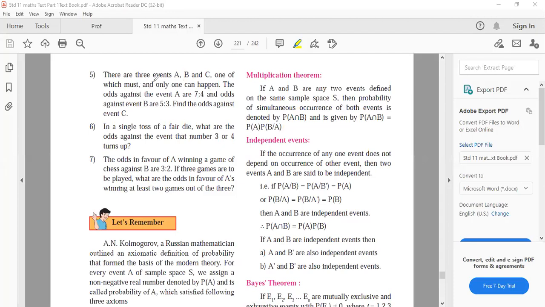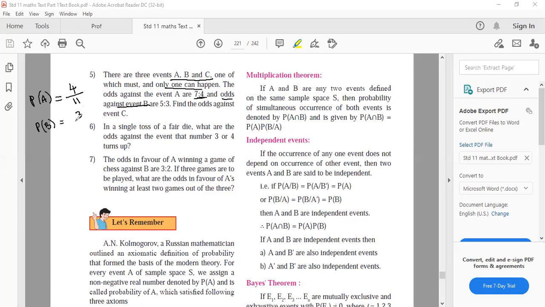Only one can happen. What do you mean by this? They are mutually exclusive events and exhaustive events. That means they do not have anything common. The odds against event A, probability of A. Tell me what is the odds against event A? 7:4. So 4 by 11. Odds against event B is 3 by 8.